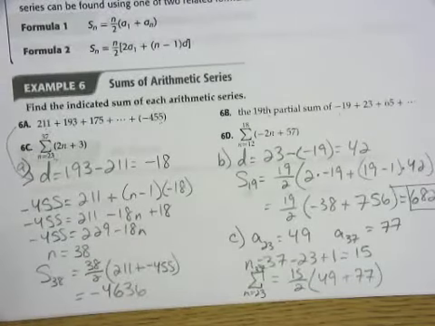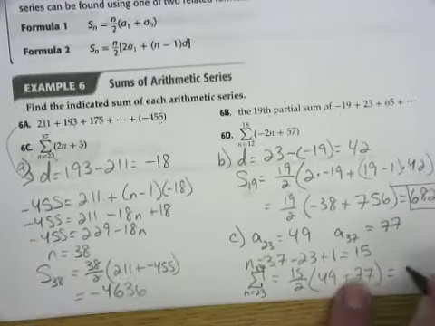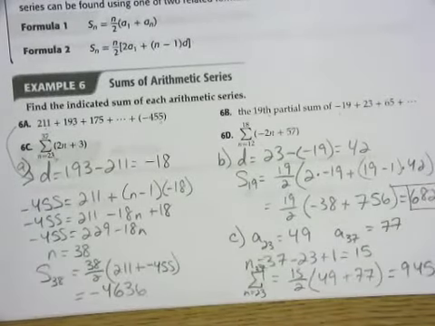So typing that into our calculator, we get 49 plus 77 times 15 halves, and that is 945.